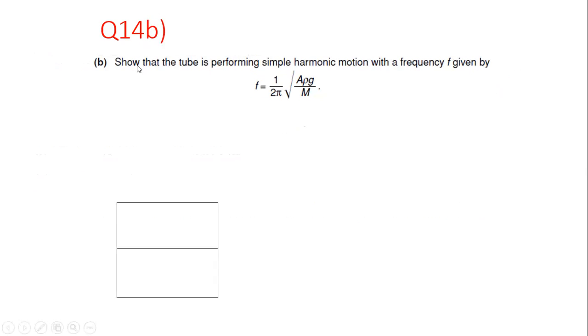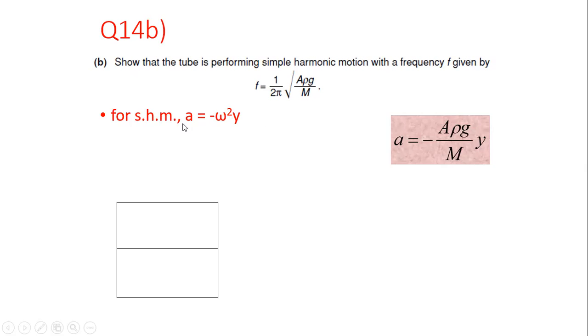Okay, then they ask you to show that the tube is performing simple harmonic motion with that frequency. As before, that is what has given you acceleration proportional to displacement. Then use your definition for simple harmonic motion, and omega squared equals that constant there.